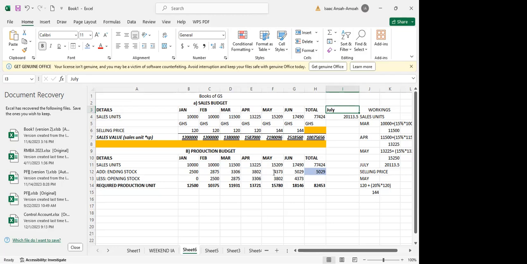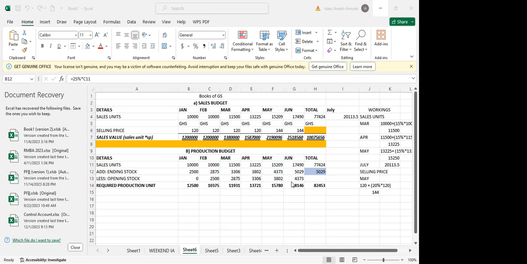Just like we did here. We said that ending stock is generated by multiplying 25% of the planned sale of the following month.